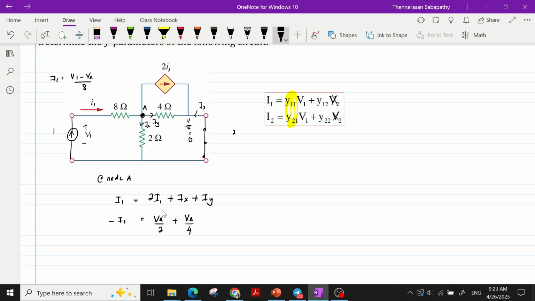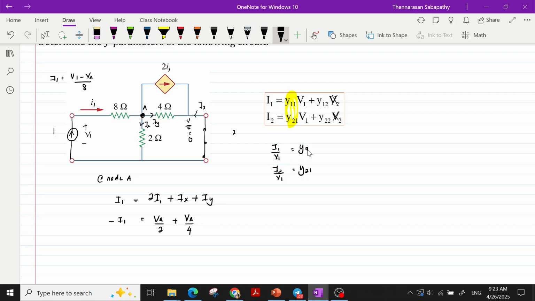Now look at this equation. We want to get y11 and y21. Once I eliminate V2, all that becomes 0. So I1 over V1 is y11, and I2 over V1 is y21.